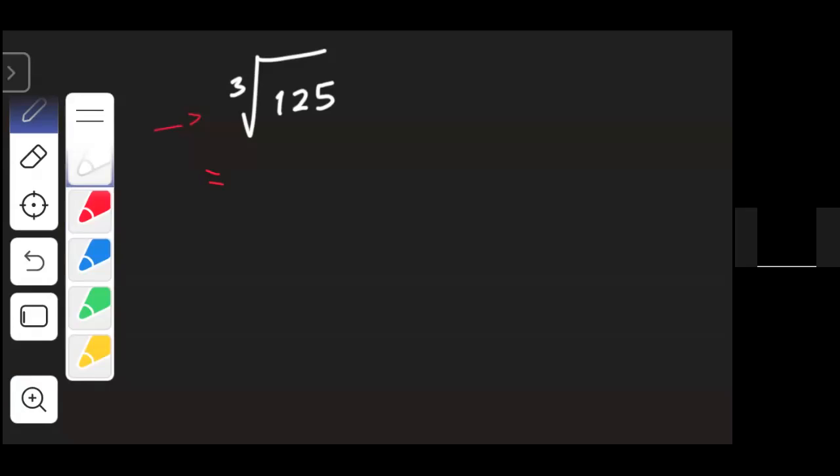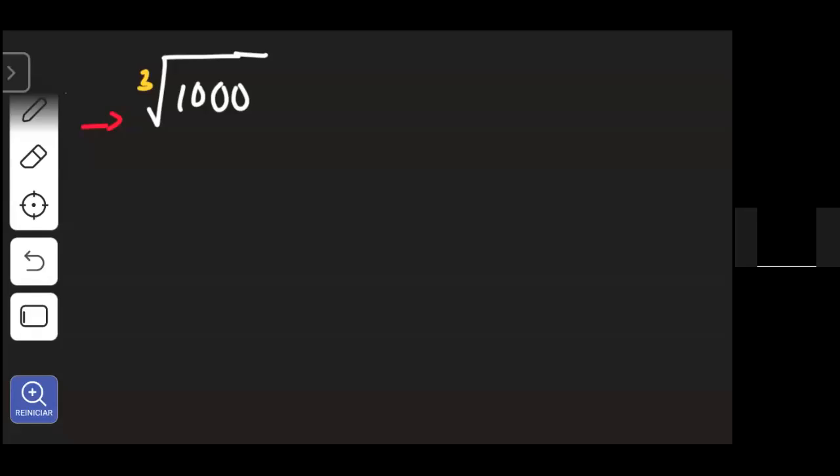So as someone said, that number is 5, guys. The cube root of 125 is 5. Why 5? Because 5 times 5 times 5 is 125. So 5 is the cube root of 125. This one is so easy.